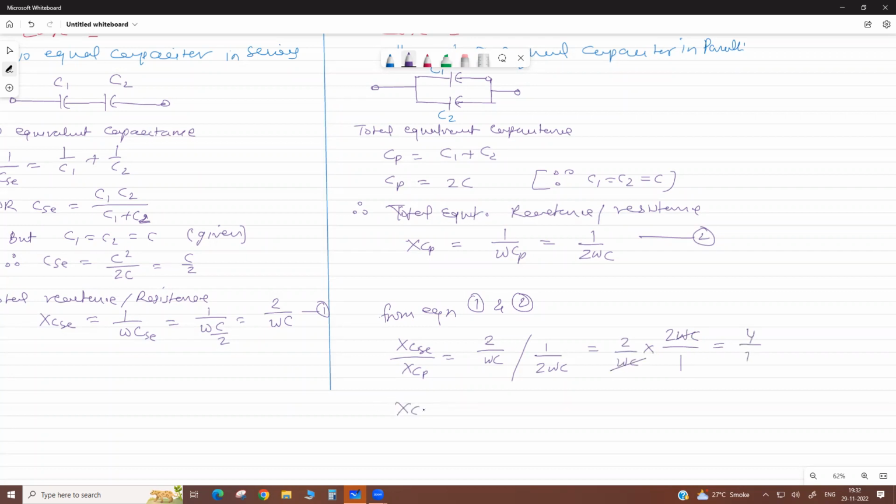It means XCS, the reactance in series, is 4 times the reactance in parallel. Which is greater? XCS is greater than XCP.